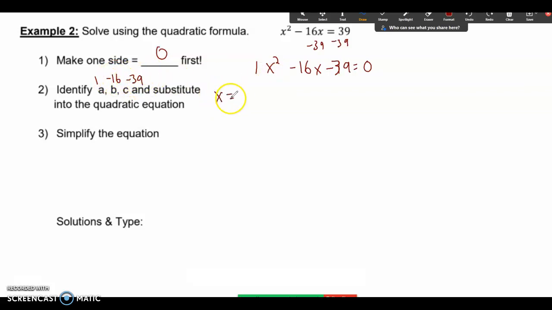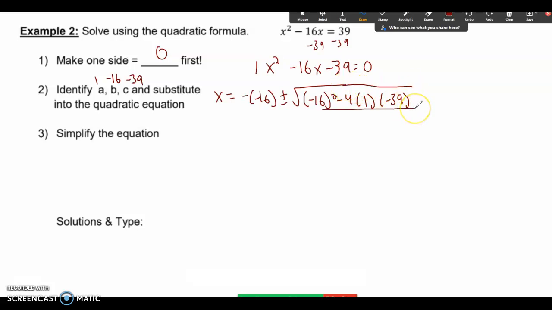So now I'm going to do x equals -b plus or minus the square root of b squared minus 4ac all over 2a.